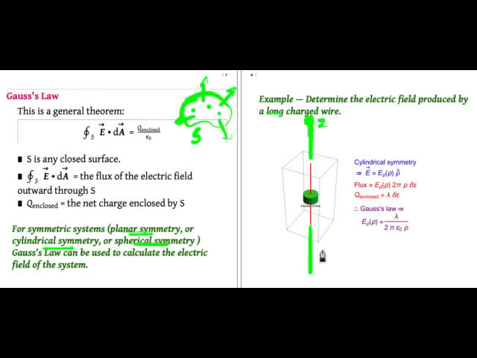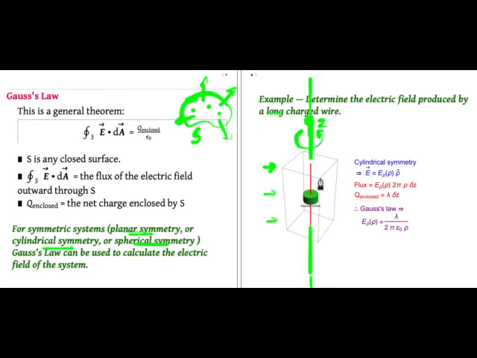Now, if you have a charged line, then you have complete cylindrical symmetry. There's a symmetry with respect to rotation around the z-axis. In other words, all angles around the z-axis are the same. And there's also a symmetry with respect to translation along the z-axis. As long as the wire is infinitely long, this point is just the same as this point, is just the same as this point.